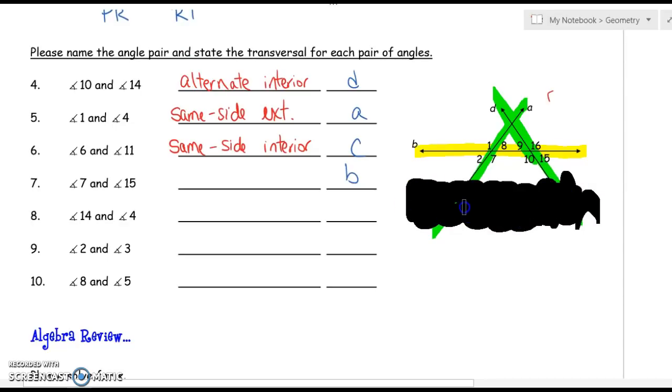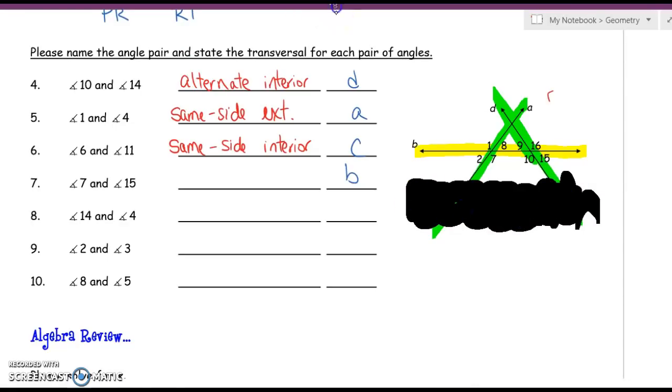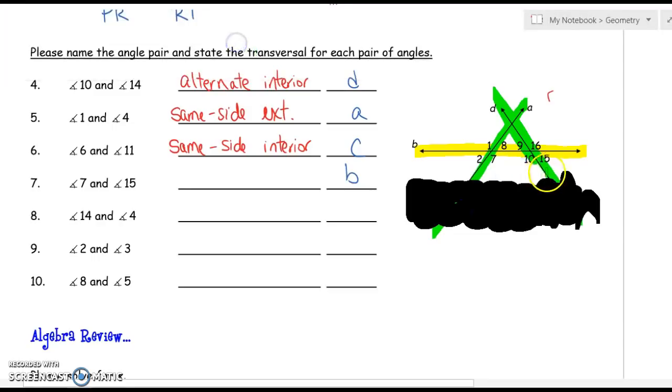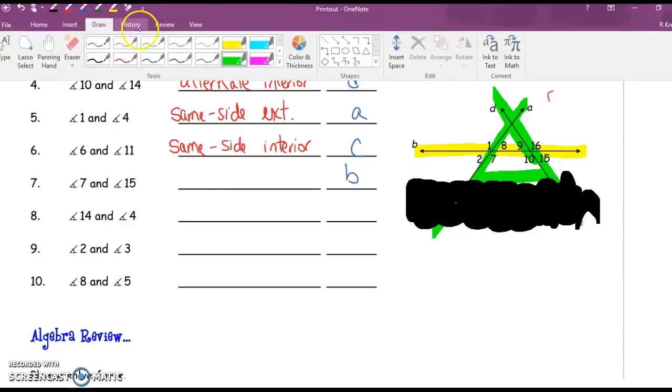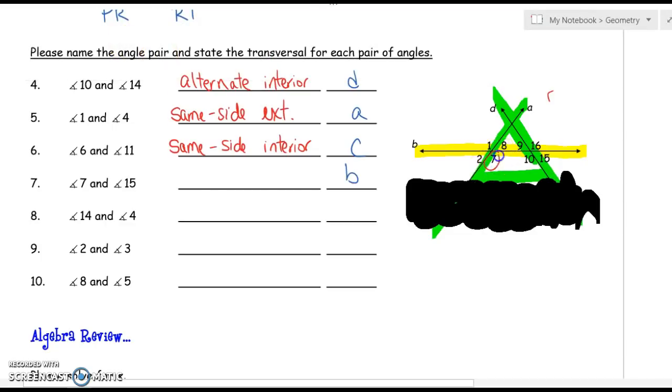Okay. And so the two green lines, we're going to make a box. It's kind of more like a triangle, I suppose. Anything inside this box or triangle is an interior angle. Anything outside is exterior. And so with 7 and 15, this one's going to be a little different. We've got 7, which is inside this box, and then 15, which is outside the box.